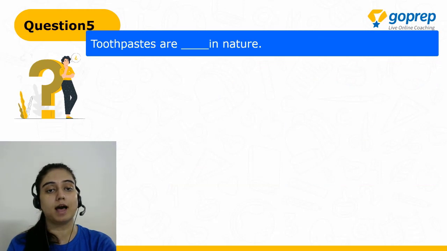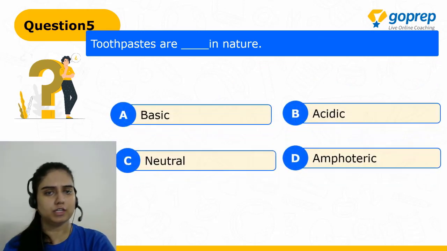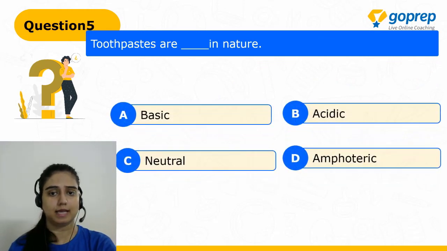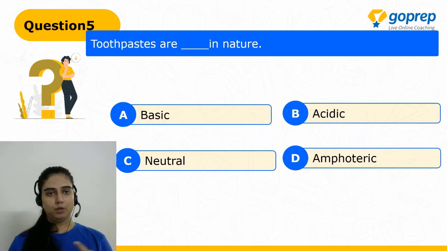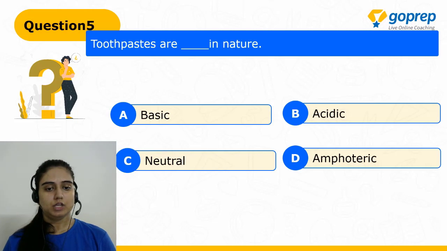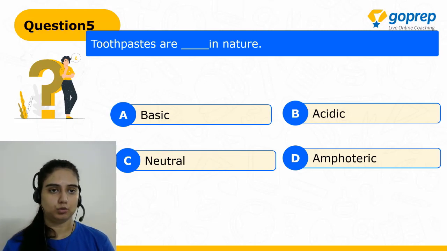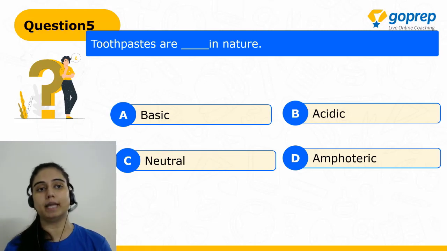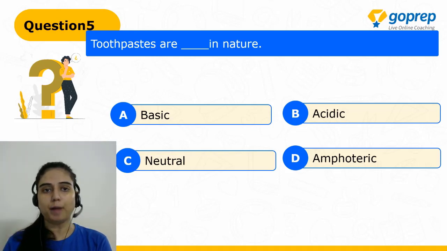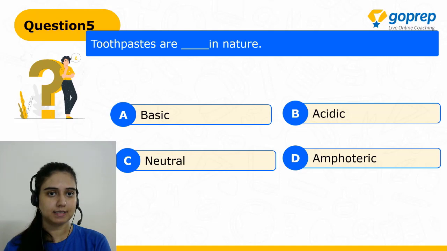Okay. Now let's see the next question: what kind of nature do toothpastes have? Basic, acidic, neutral or amphoteric. So students, when we eat something, some is left inside our mouth and our saliva is not able to wash it away completely. The food particles react in our mouth and form an acidic layer over the teeth.